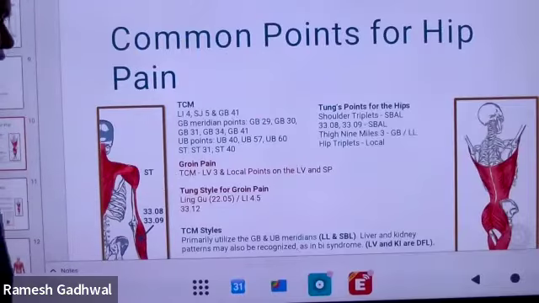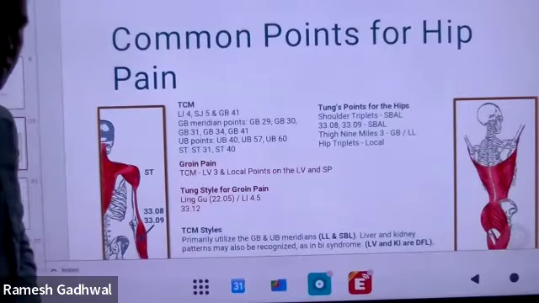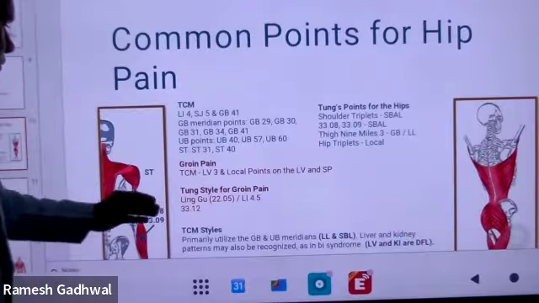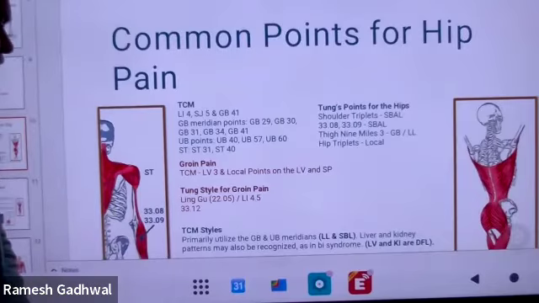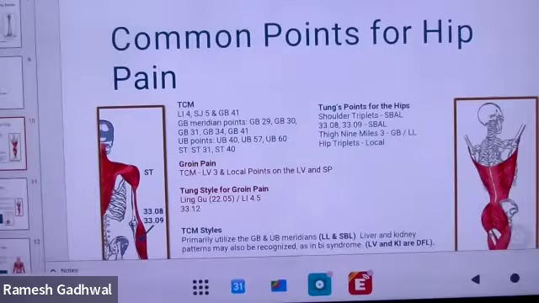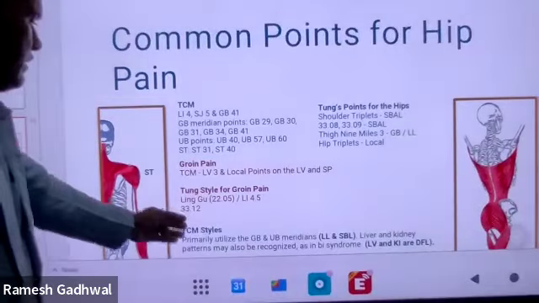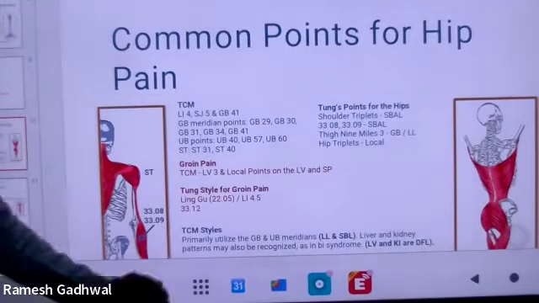Then for groin pain, TCM uses liver 3 and local points on the liver and spleen chain. And Tong style for groin pain: 22.05, LI4, San Jiao 5, then 33.12.